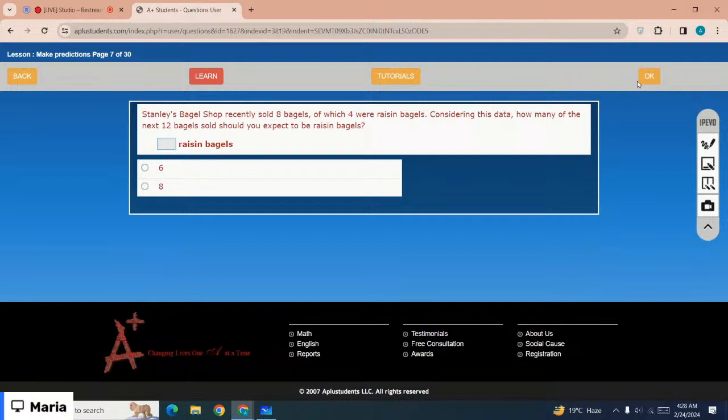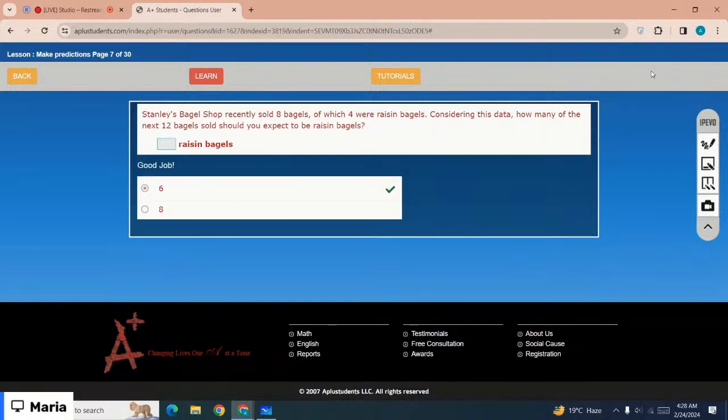Okay, you have 8 bagels, of which 4 were raisins, right? So now you have the 12 bagels. Yes, that means out of 12 you have 6. You can calculate the experimental probability like we did in the earlier problem, right? So the correct option is 6.